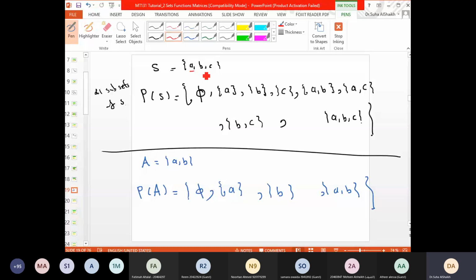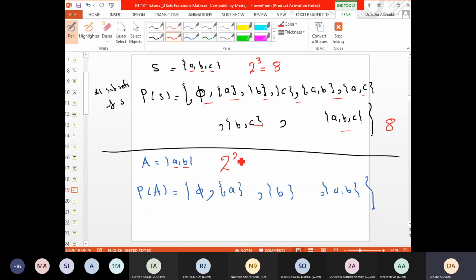Here in S, how many elements do I have? 3. What is 2 to the power 3? 8. How many subsets do I have? 8. Check this other one. How many elements do I have? 2.